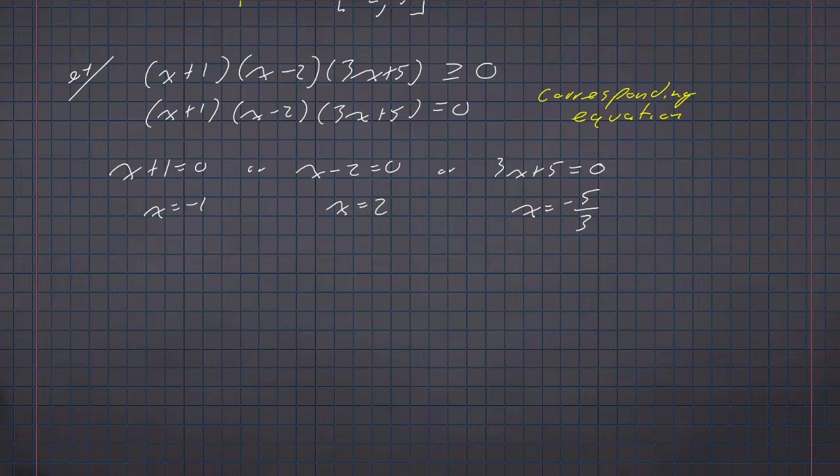We could continue on from here and graph this polynomial. That absolutely would work, but we don't really need that much detail. So we're going to think about what the graph would look like, but try to avoid the entire process of drawing out the graph because that takes a lot of work.